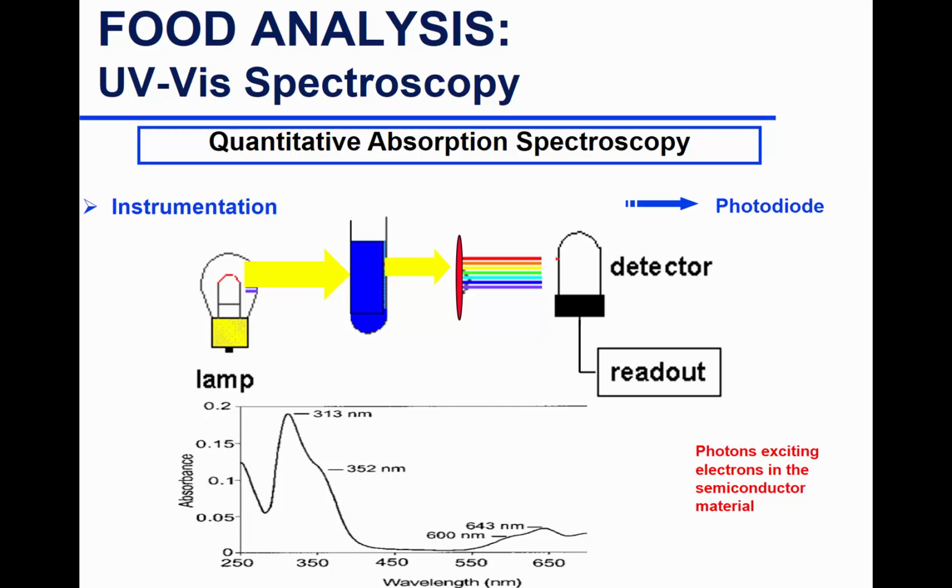There is no filter here. So all of the light goes into the sample. And the sample absorbs light at different wavelengths. And then transmitted light goes into a monochromator. So the monochromator is here in this case, after absorption.